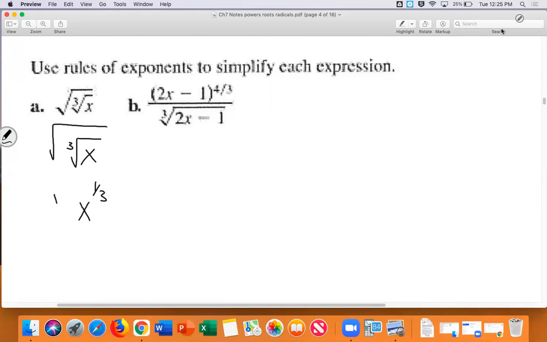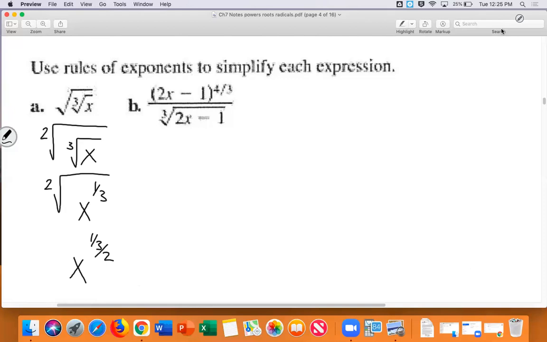All right, that's a square root, right? Agreed, Lance? It's a square root. The number here, as I said, is understood to be a 2, correct? Well, now I kind of rotate it up, right? So if I rotate this up, just what we did, we have x to the 1/3 over 2.